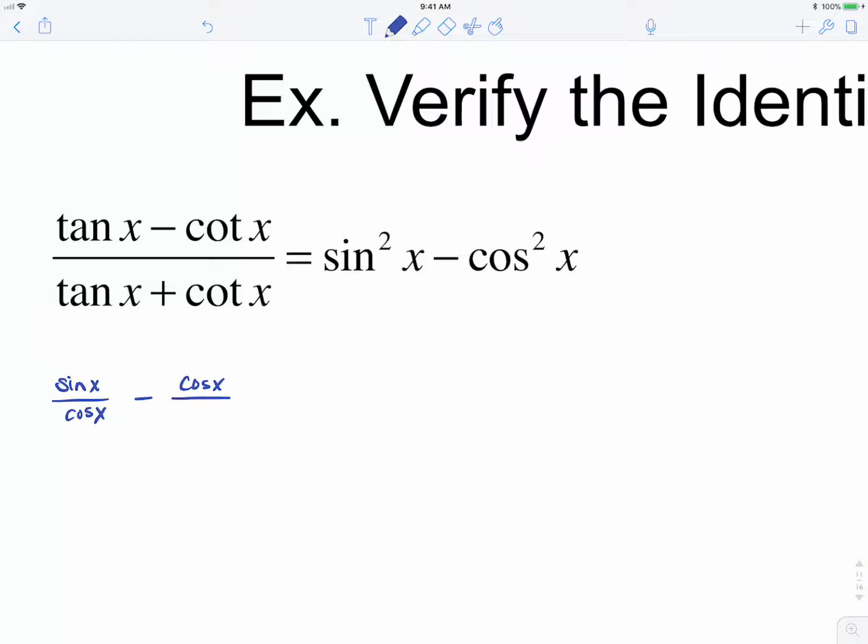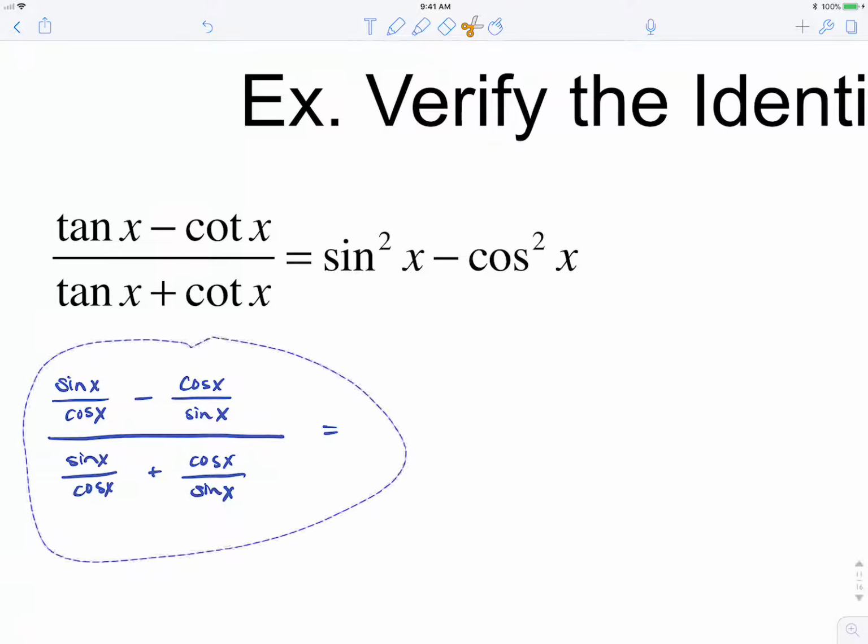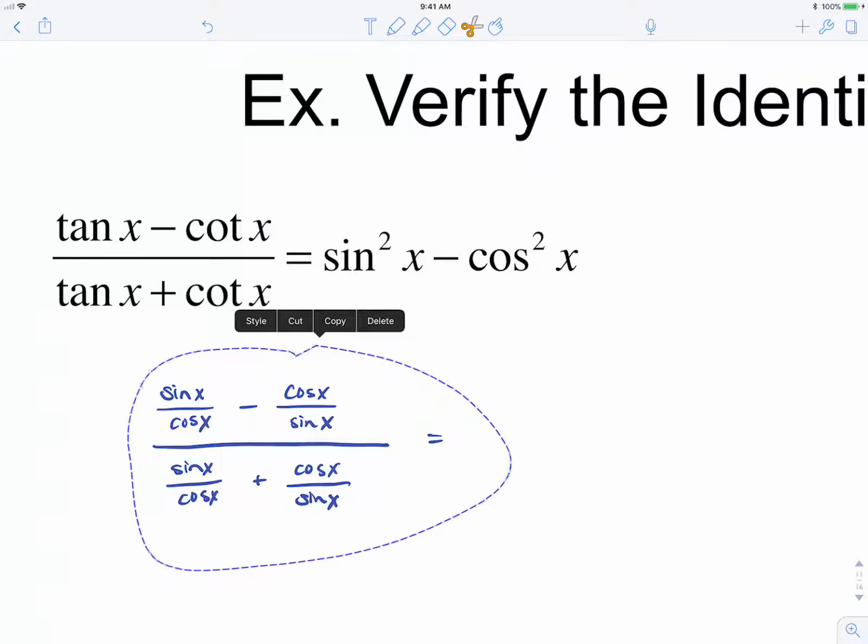Cotangent is cosine over sine. Okay, so we're going to work down the left-hand side. I'm going to move this over just a little bit so I have a little more room.